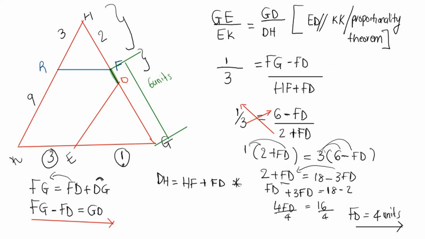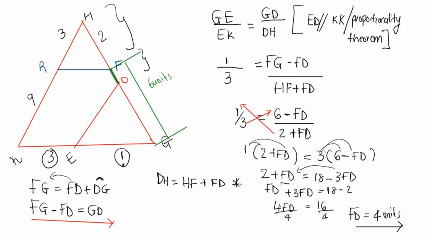And the denominator DH, how do we get DH? We don't really have the length of DH, but we have the length of HD. The length of HD consists of HF plus FD. That is what we did, and we substituted that new expression for DH into our formula.